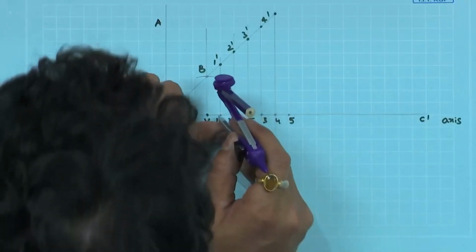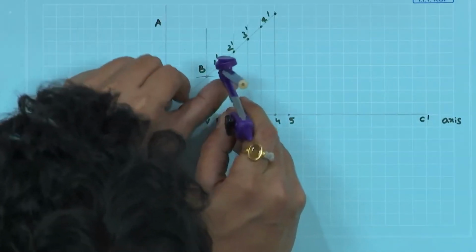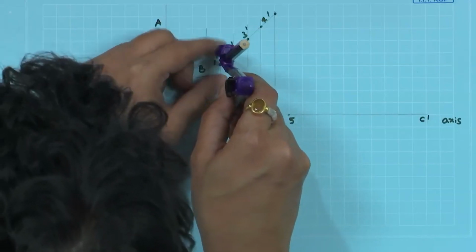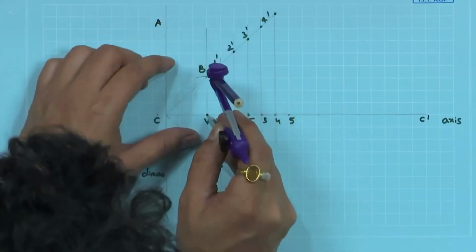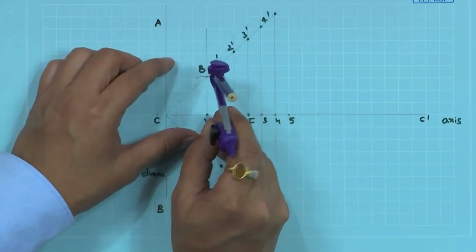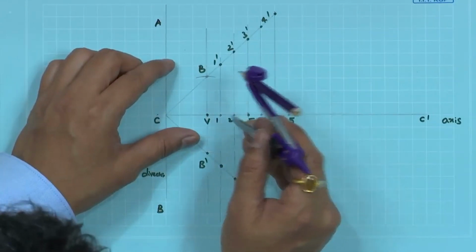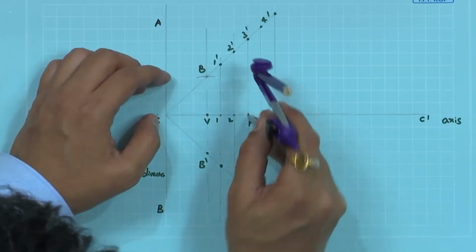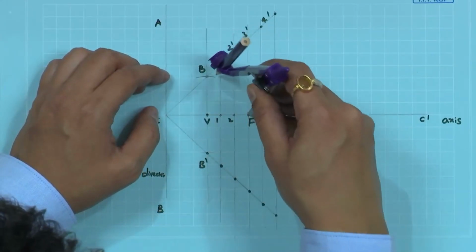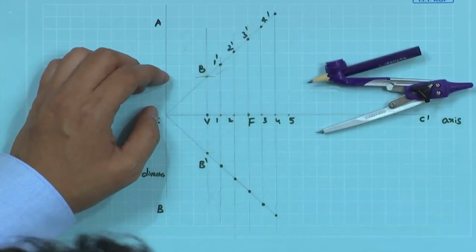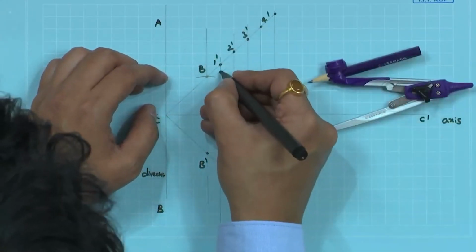Pick the 1, 1 dash length, this is the one. From the focus we construct it, onto 1, intersect it, this is the point.